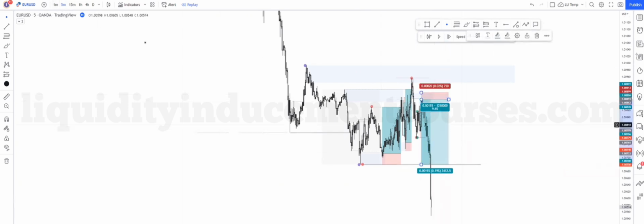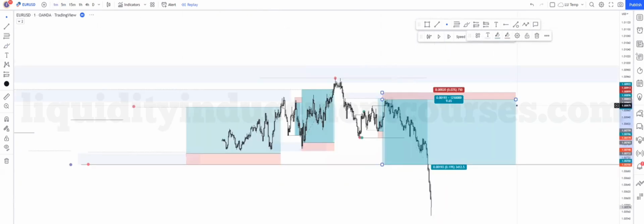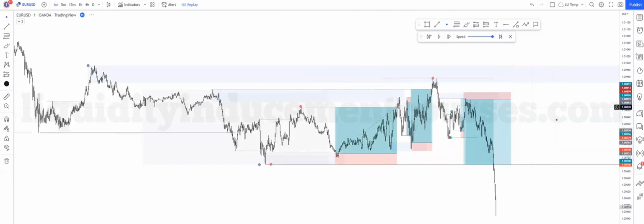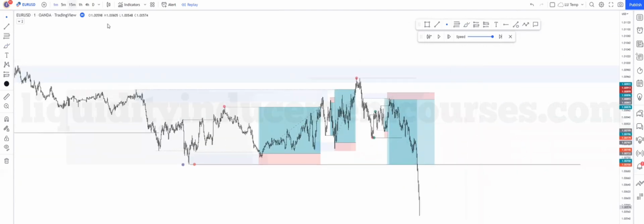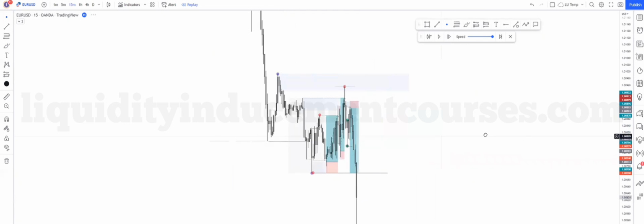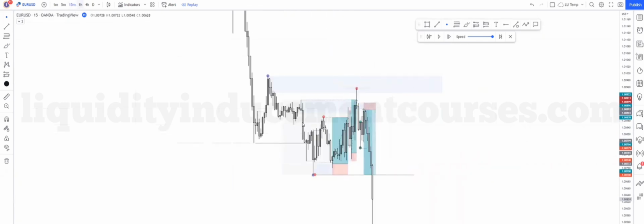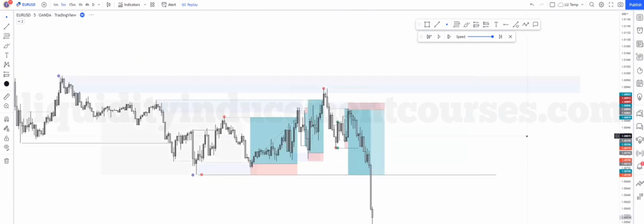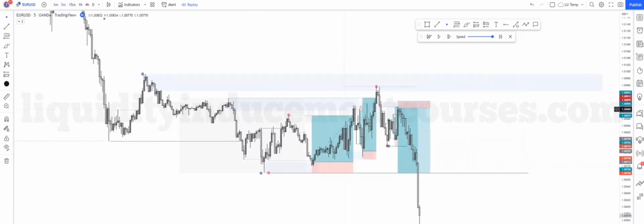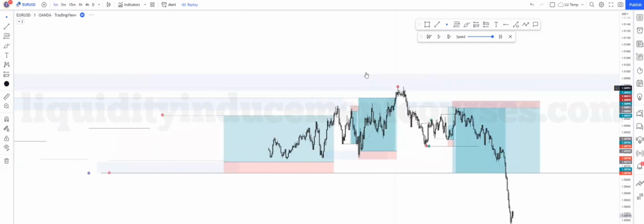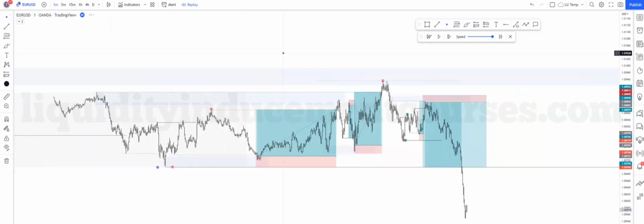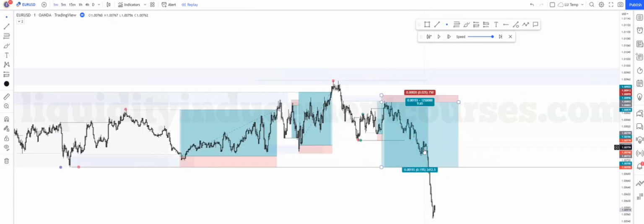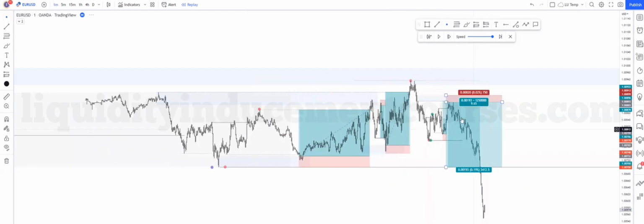Another phenomenal session. So this is how it looks on the 15-minute. This is how it looks in the 1 hour. And this is how it looks on the 5. And this is how it looks on the 1. Nice trades. And all of this was before even New York opened.